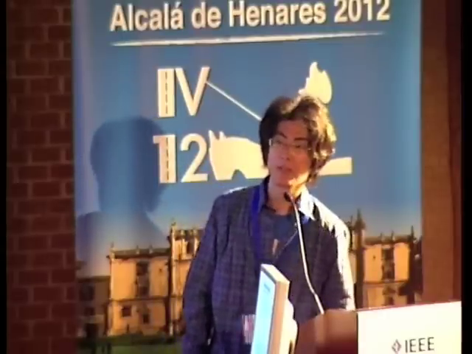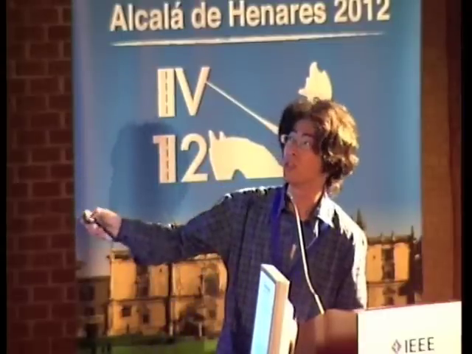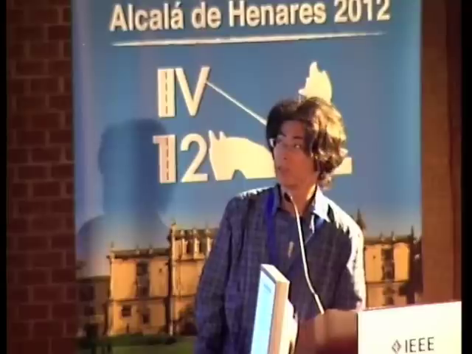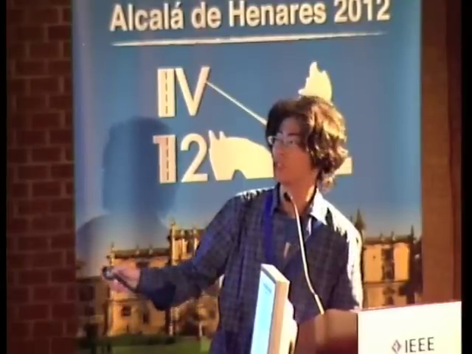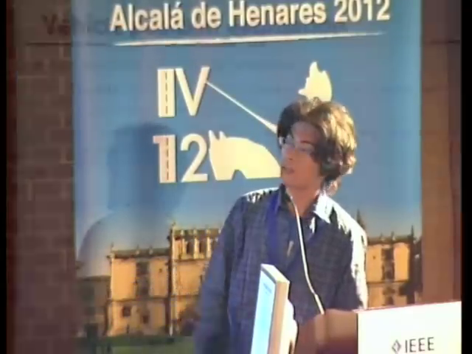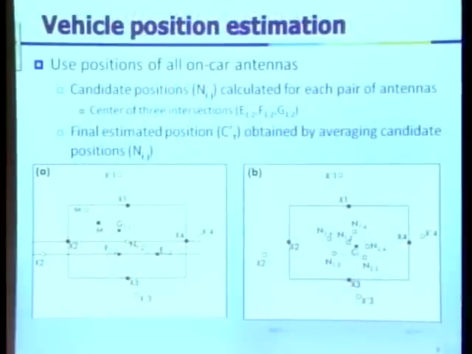By this step, we obtain the positions of on-car antennas, and now it's time to estimate the vehicle position. This uses the relationship between actual antenna positions and estimated antenna positions. The first step is taking candidate positions according to each combination of received, estimated antennas.